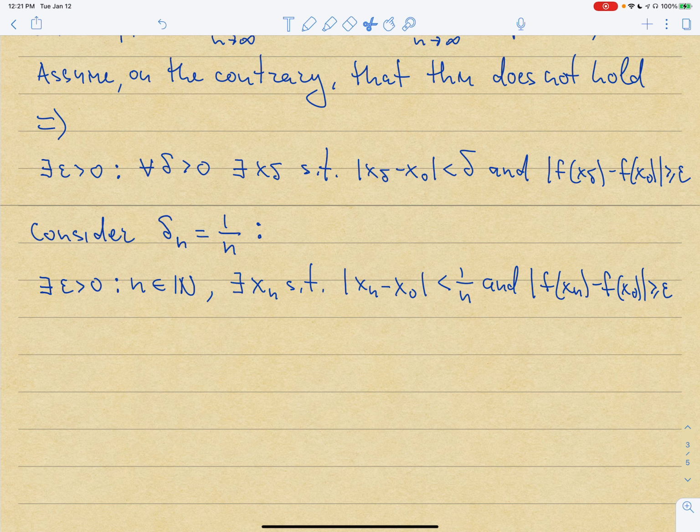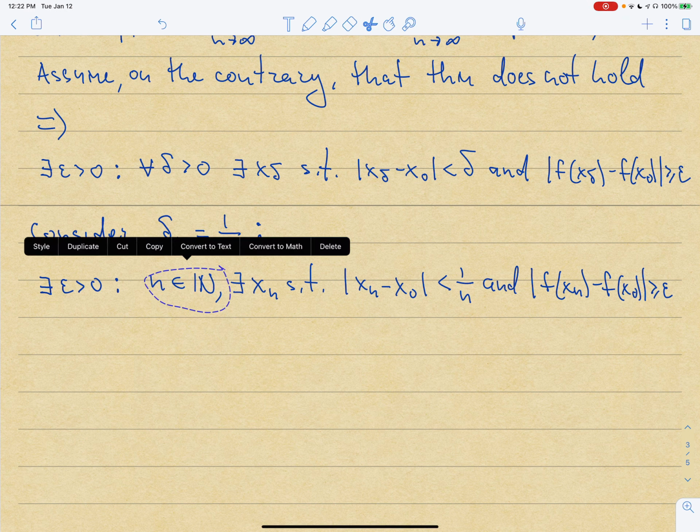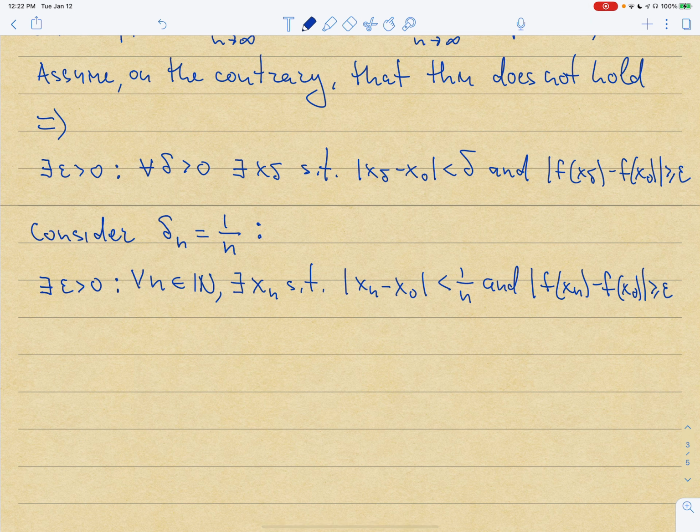Right, so let's digest this once again. The previous contrapositive statement was true for any delta greater than 0. So instead of looking at any deltas, I'm just going to look at deltas equal to 1 over n. So for any delta greater than 0, I can replace that with: for any n in capital N. In fact, I am missing the for any, so let's add it here.